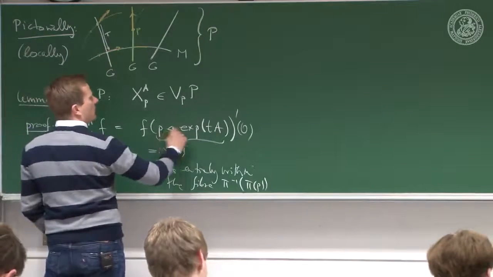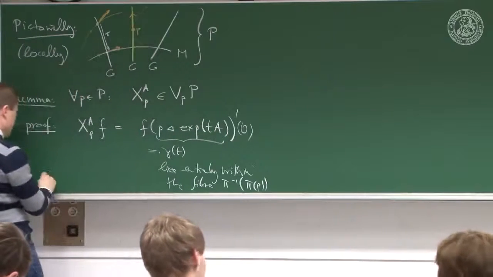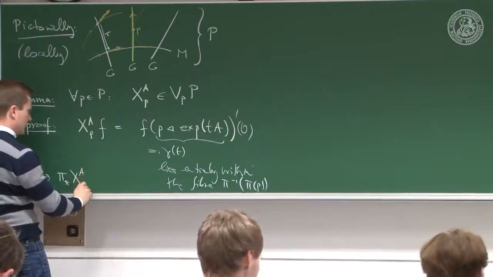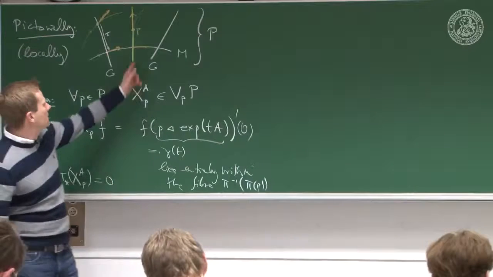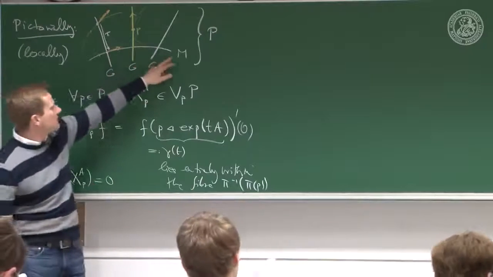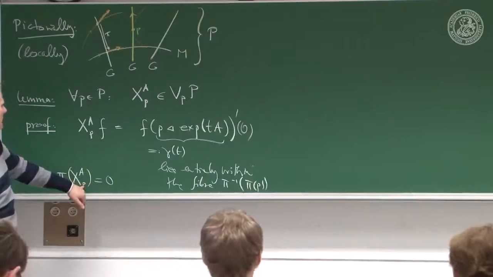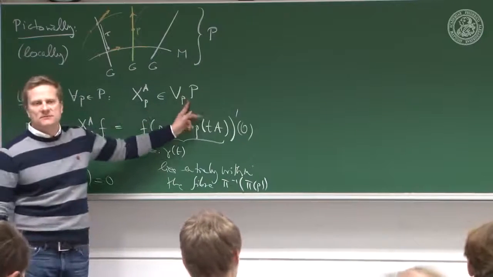That means if you look at this curve here, it lies entirely within the fiber, but hence it follows that the push forward of this vector X_A under pi can only lead to the zero vector here in the tangent space to the base manifold, but that means that the X_A is an element of the vertical subspace.